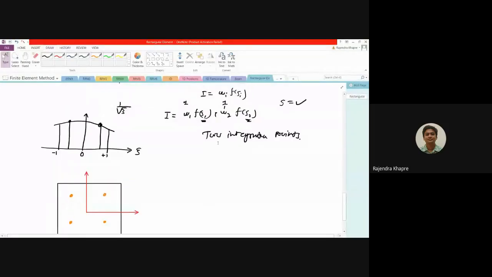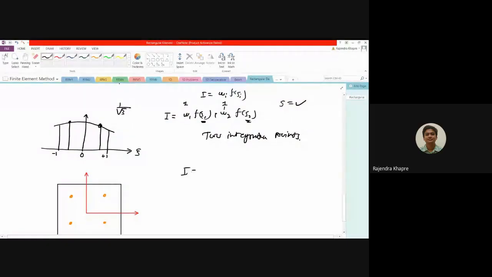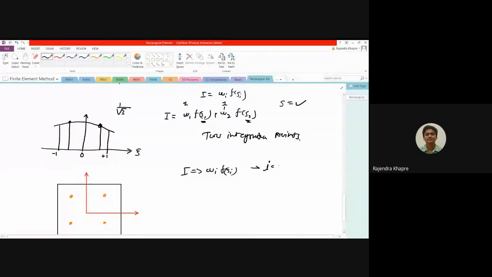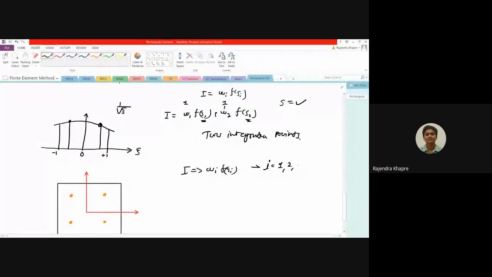So your expression, this integration, will be something like wi f of i, but this i value will run over the first point, second point, third point, and fourth point. We have to integrate for 4 different points and add them, and only then will you get the integration.